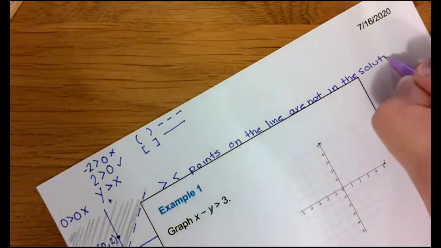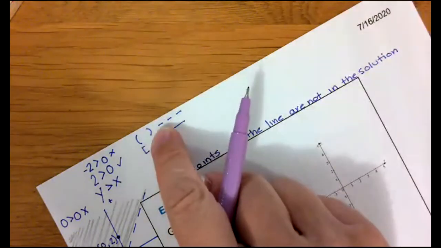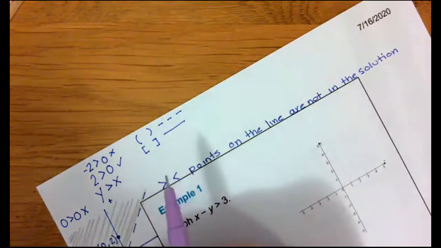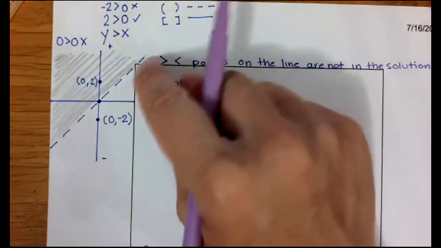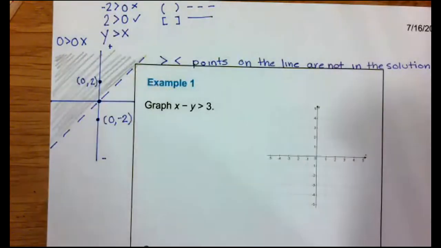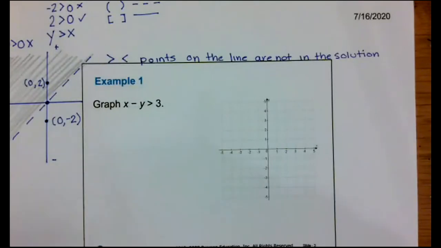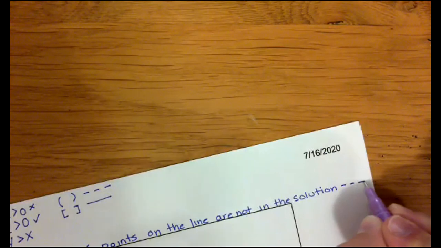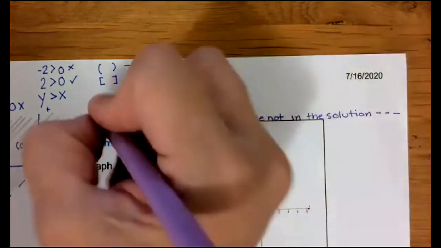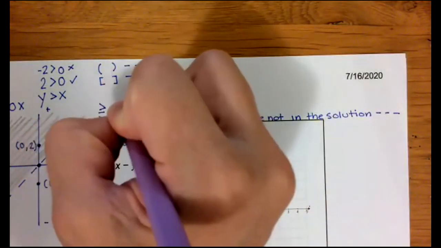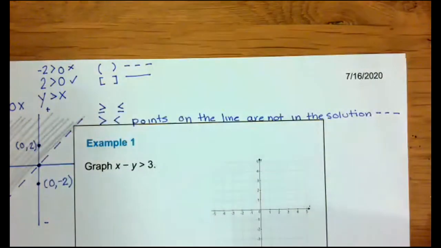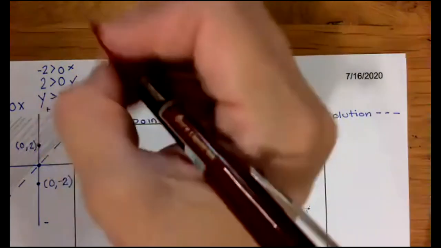So that's why we draw a dotted line. It's just like the parentheses. It's excluding that line. That line tells you where everything starts, but it does not include the line. All right. So that's why we have a dashed line. For these, make it a different color.